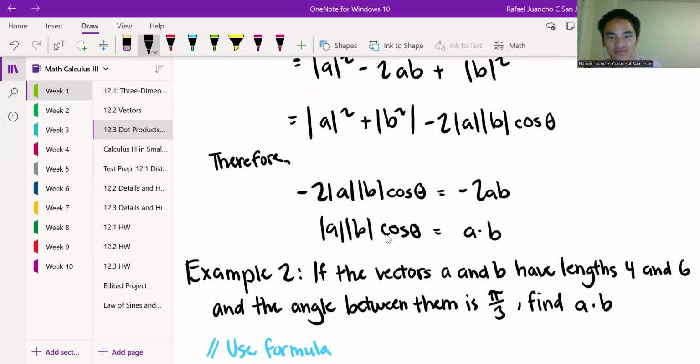Because we just divided this thing by this. And in a way, this cancels out. So that's how we got that formula there.